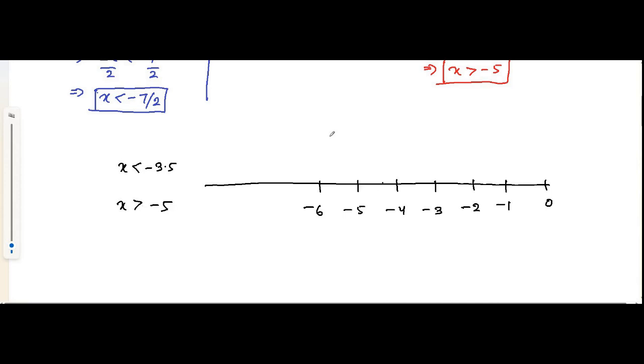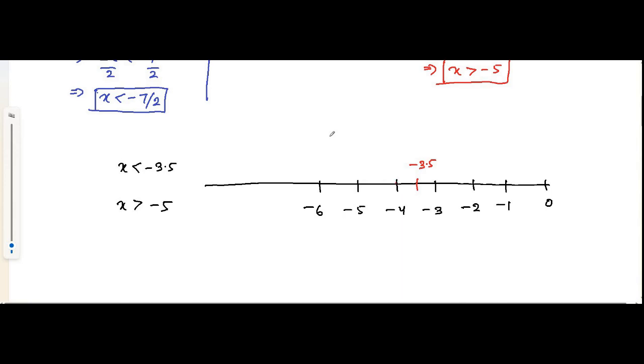So a point here, this is minus 3.5. Something which is lesser than that and belongs to the integers is minus 4 here, and this minus 4 is also greater than minus 5.